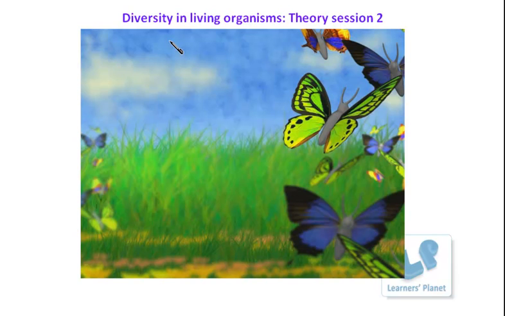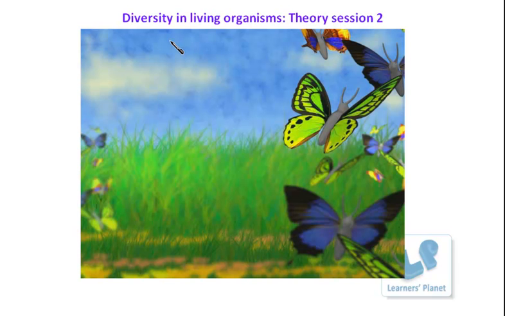So basically the varied living forms are present in our surroundings, and due to such a wide range of diversity, it is very difficult to understand each and every living organism. This is why classification is to be done, and it provides different advantages regarding the study of different living organisms and their characteristic features.